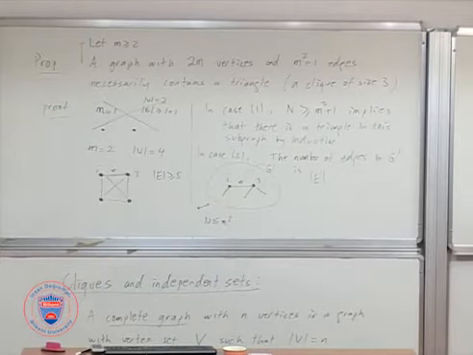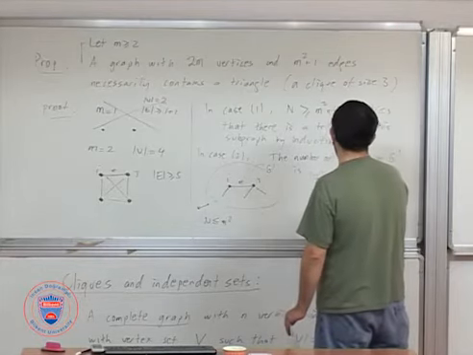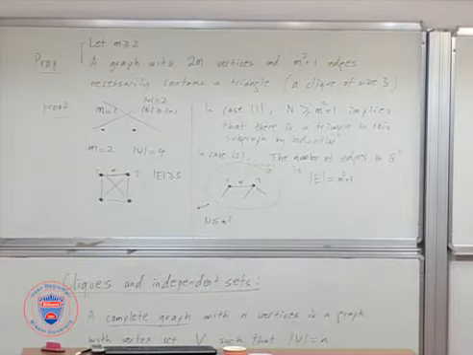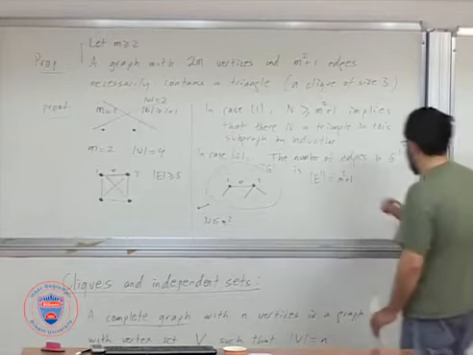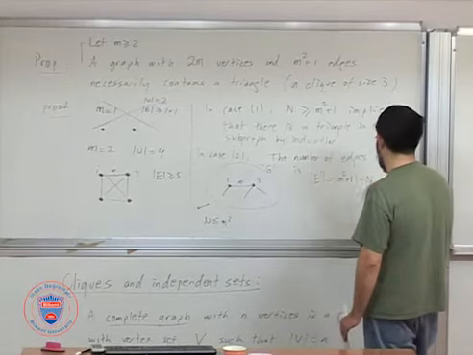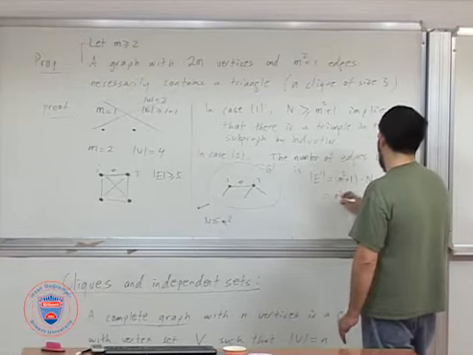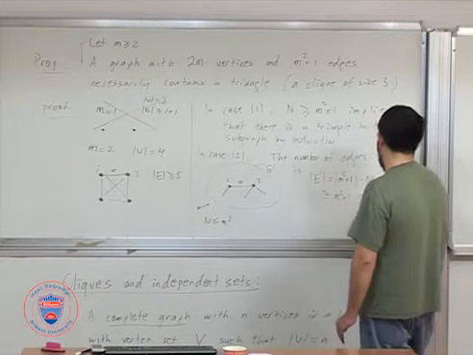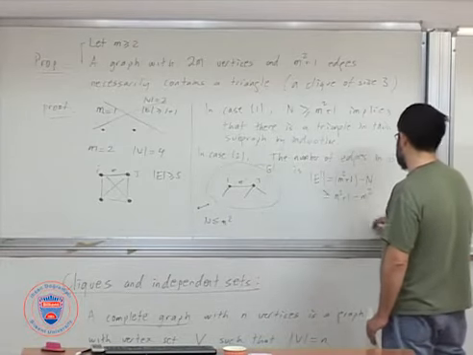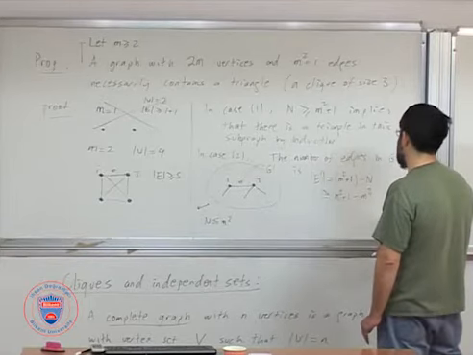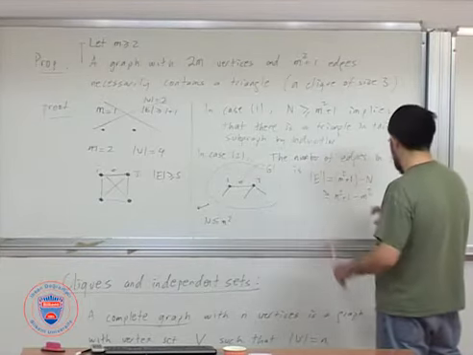So what is the number of E prime in there? We already have m squared plus 1 edges, and in the outside, we assume that it's less than m squared. So this should be bigger or equal to this one. Sorry.